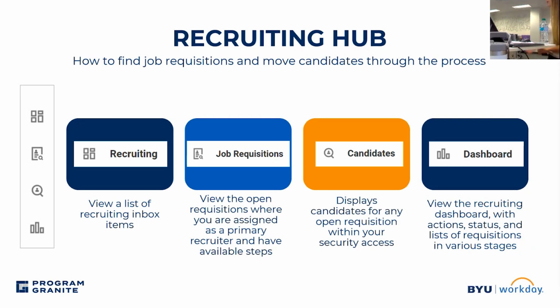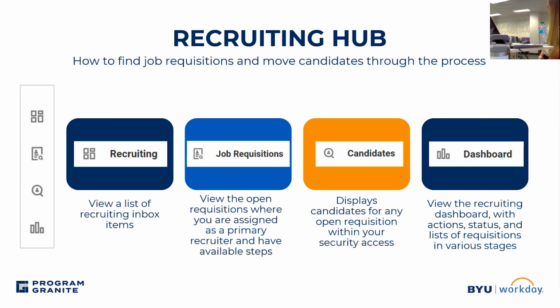We have the recruiting button, which is going to be a view of a list of recruiting inbox items. So it's going to be an overview, and we're going to take a look at all of this in our first activity. We have the job requisitions button, where you're able to view the open requisitions where you're assigned as primary recruiter and have available steps to take. We have the candidates button, which displays candidates for any open requisition within your security access.